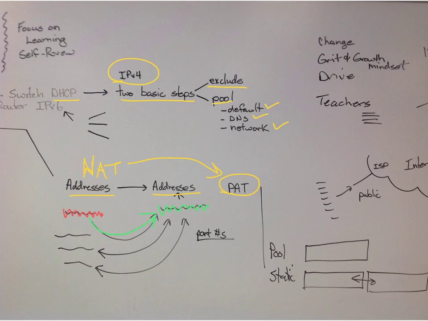And in this case, we're taking multiple addresses here for PAT, and we're matching them up to one address and we keep track of them based on port numbers. We can match the address with a port number and keep track of that. Alright, and we're still working on NAT.